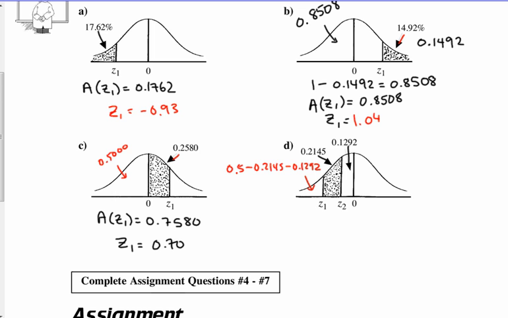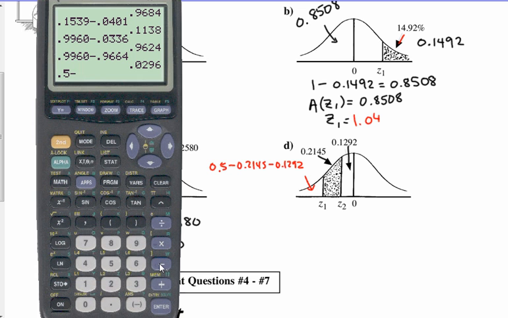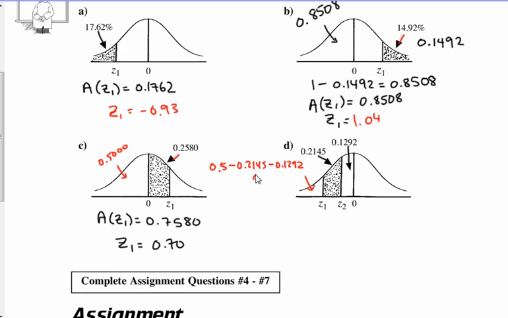Subtracting those other two areas, what's left over is our area to the left of Z1. So with my calculator, I'm going to have 50% under the curve there, minus 0.2145 and take away another 0.1292. And so 0.1563 is the area to the left.